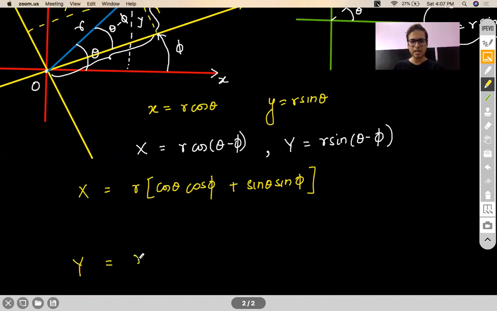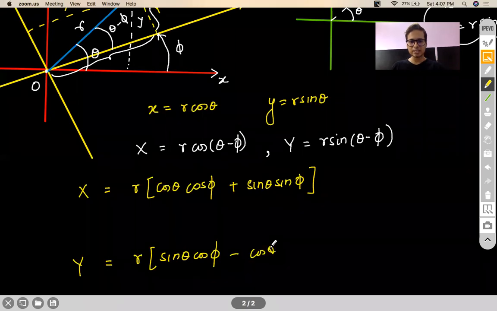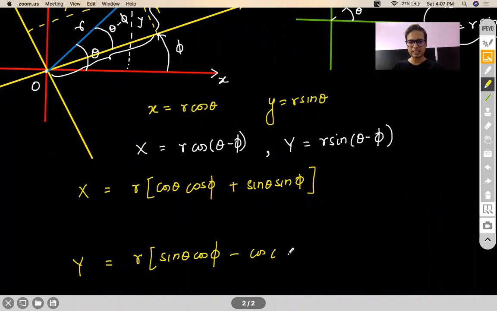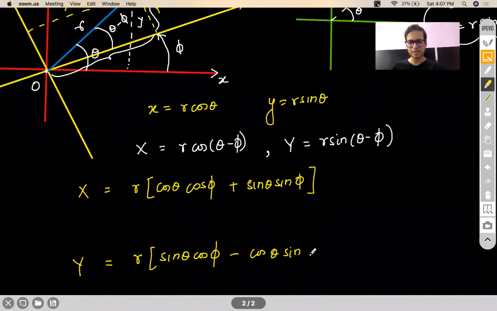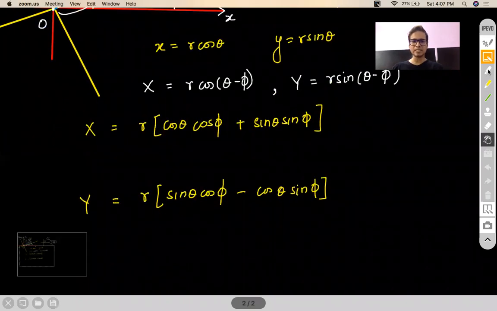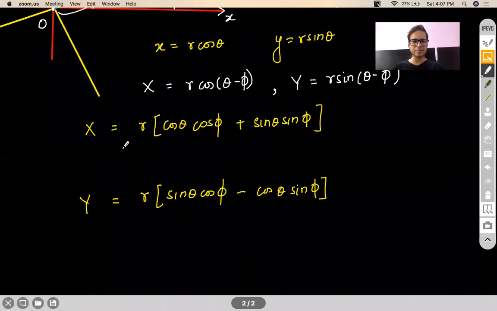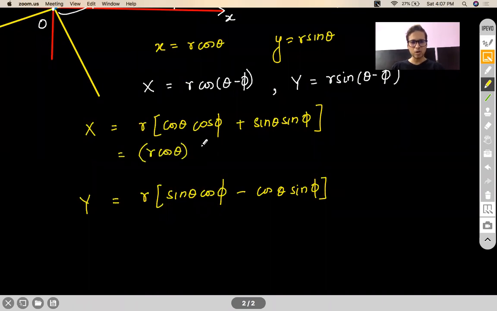So this will be r(sin theta cos phi minus cos theta sin phi). Okay. Now let us expand this. So this will give me r cos theta cos phi plus r sin theta sin phi.